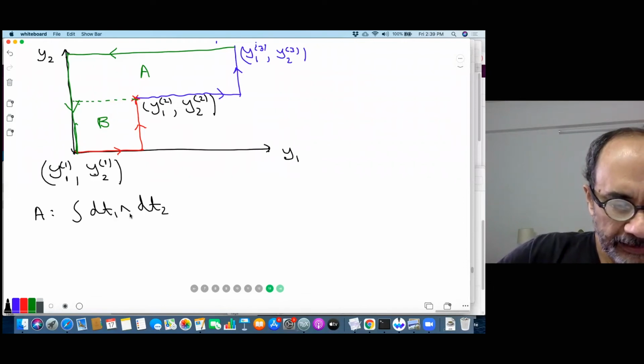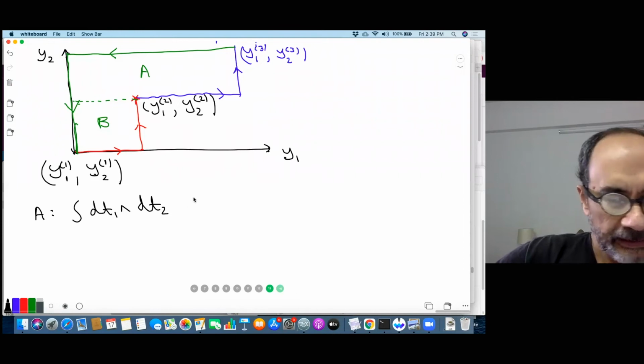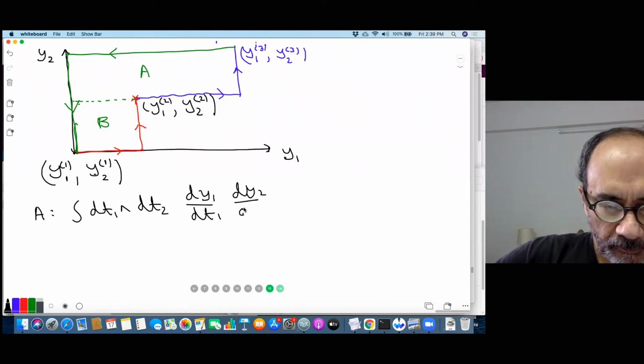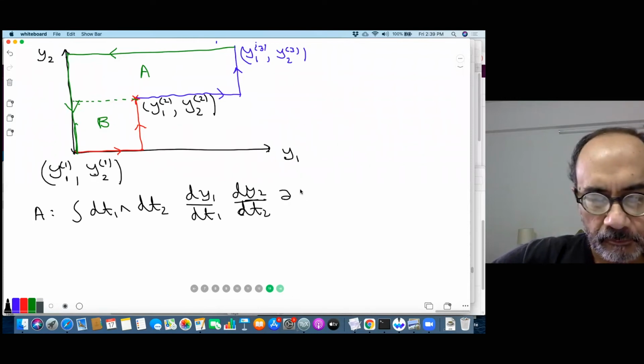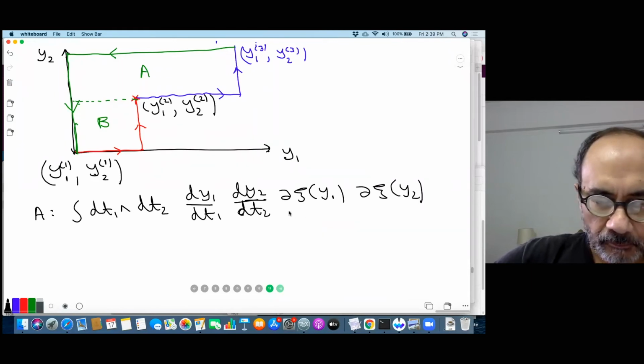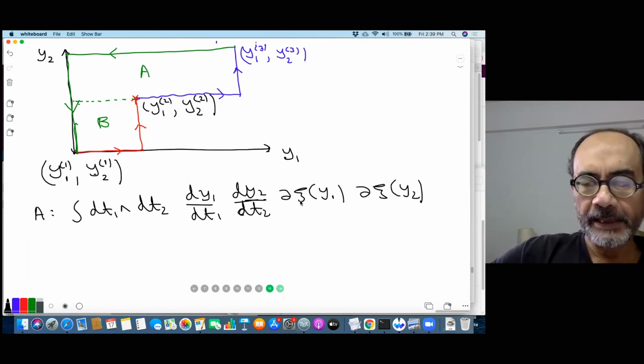These are the coordinates labeling the vertical directions. Then dy1 dt1 dy2. So these are just total derivatives.